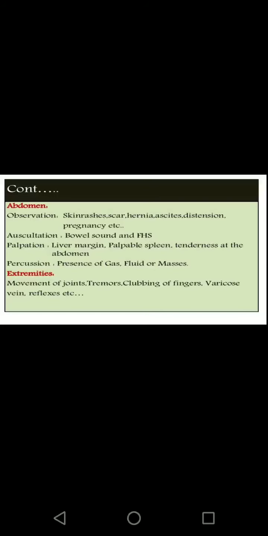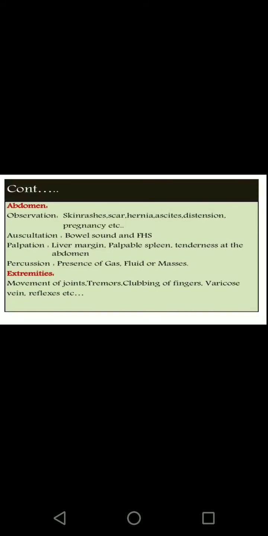The abdomen is inspected, palpated, auscultated and percussed. There is some deviation in the series. Usually we inspect, palpate, percuss, then auscultate. But in the abdomen we inspect, palpate, auscultate, then percuss, because percussion can stimulate the abdominal sounds.